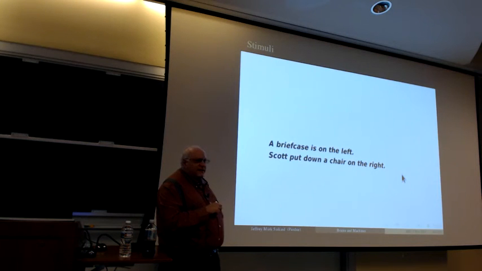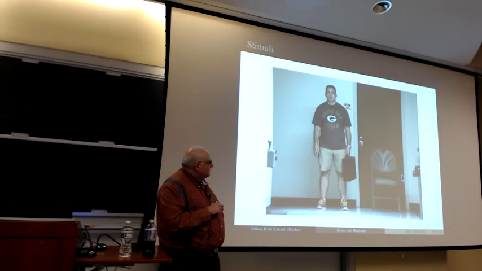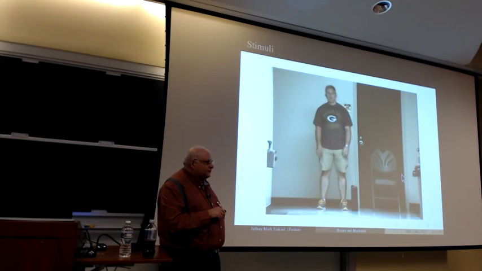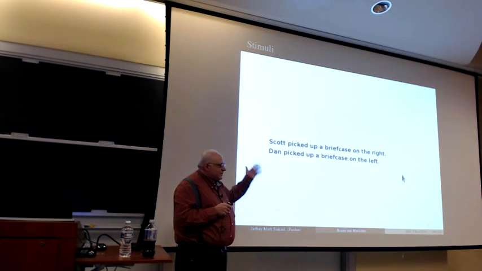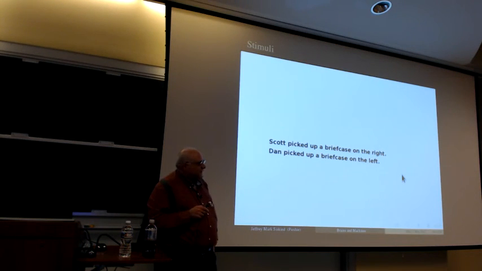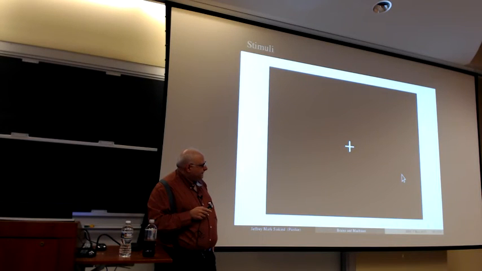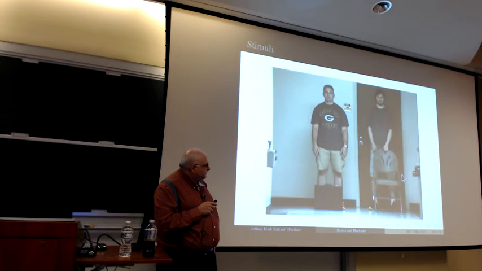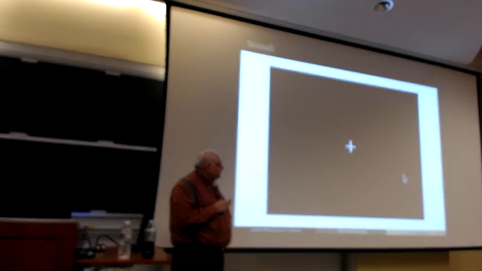Sometimes there's just a briefcase, but no person. Sometimes there's just a chair, but no person. Sometimes it's on the left, sometimes it's on the right. All possible combinations. There are about 128 different possible combinations. Sometimes they do it not so simultaneously.